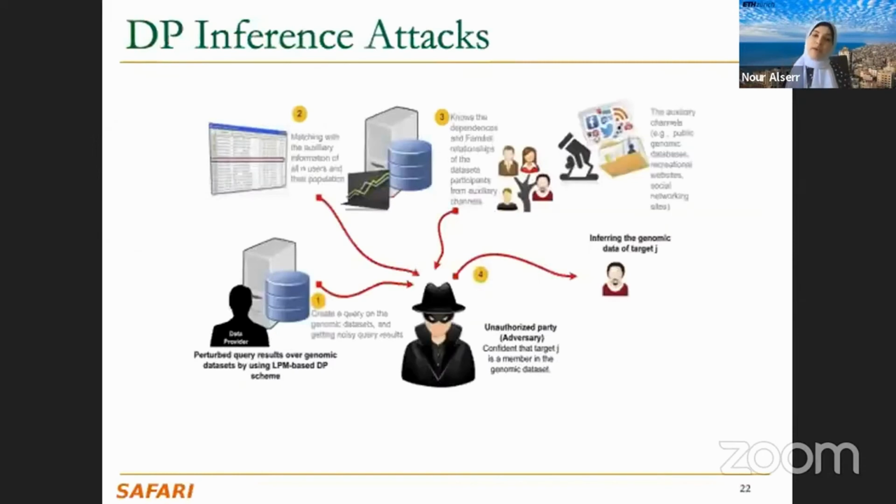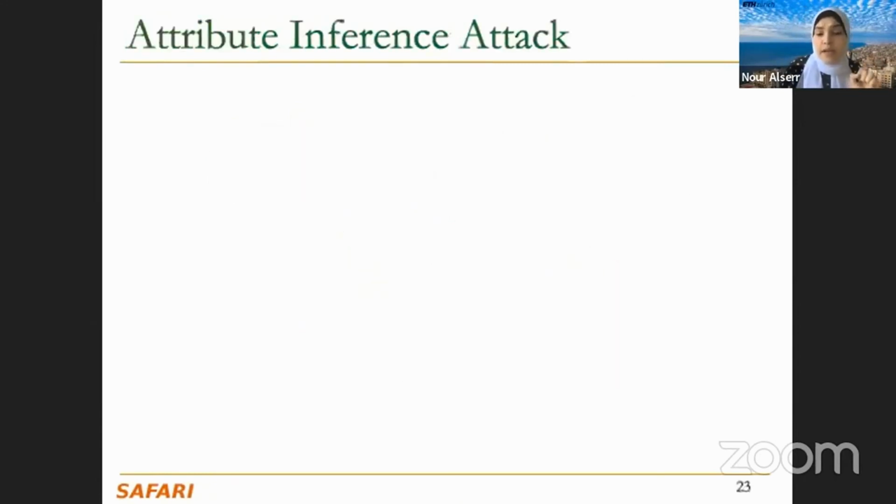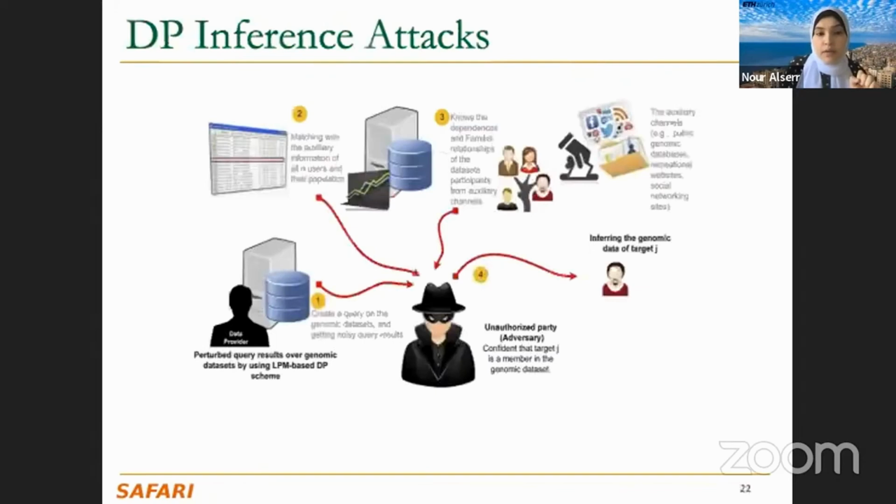So the first attack we have is the attribute inference attack. What we have in this attack is like this. Again, we consider that the adversary is sending a query over the data set, and he receives the answer of that sum query. He also knows that these family members are included in the data set.